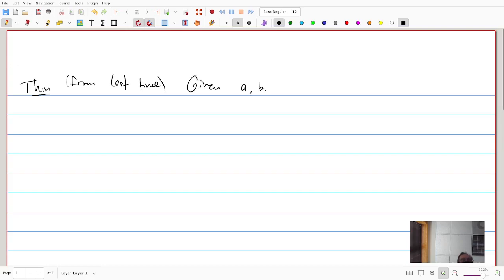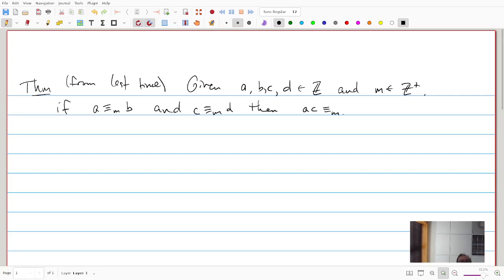Given A, B, C, D, which are integers, and M, which is a positive integer, if A is equivalent to B and C is equivalent to D, then 1, A plus C is equivalent to B plus D, and 2, AC is equivalent to BD. So let's just prove 2.